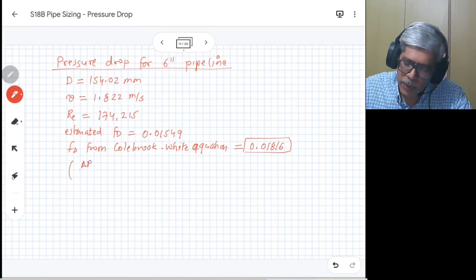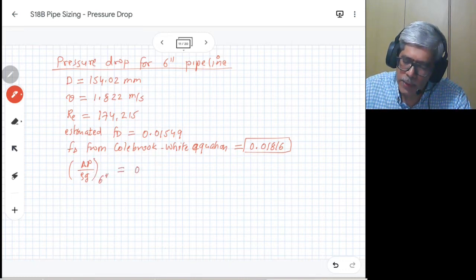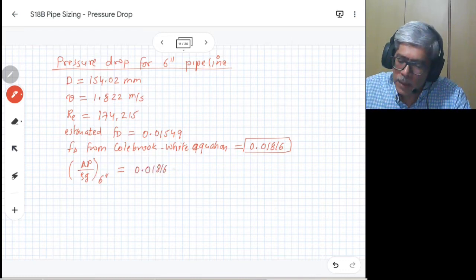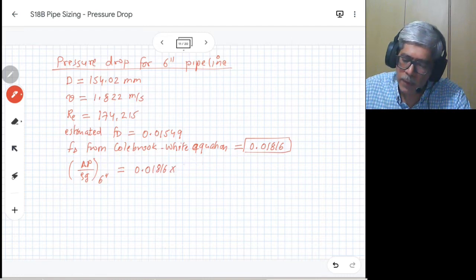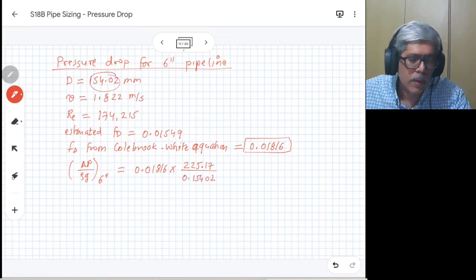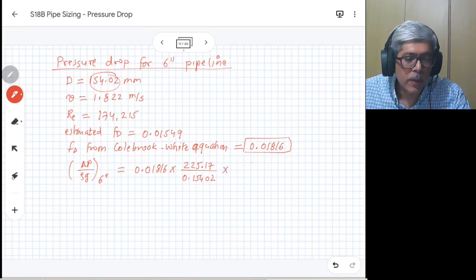So the delta P by rho g corresponding to the 6-inch pipeline will be given as Fd, which is 0.01816, multiplied by L by D. Here the length of the pipeline, which we have calculated as equivalent length, is 225.17 meters, divided by diameter, which is 0.15402, multiplied by v square by 2g.